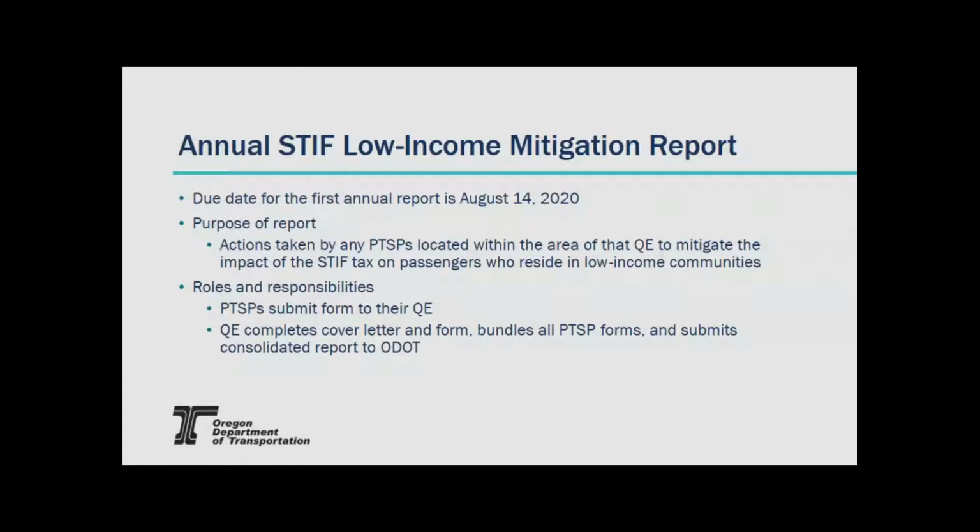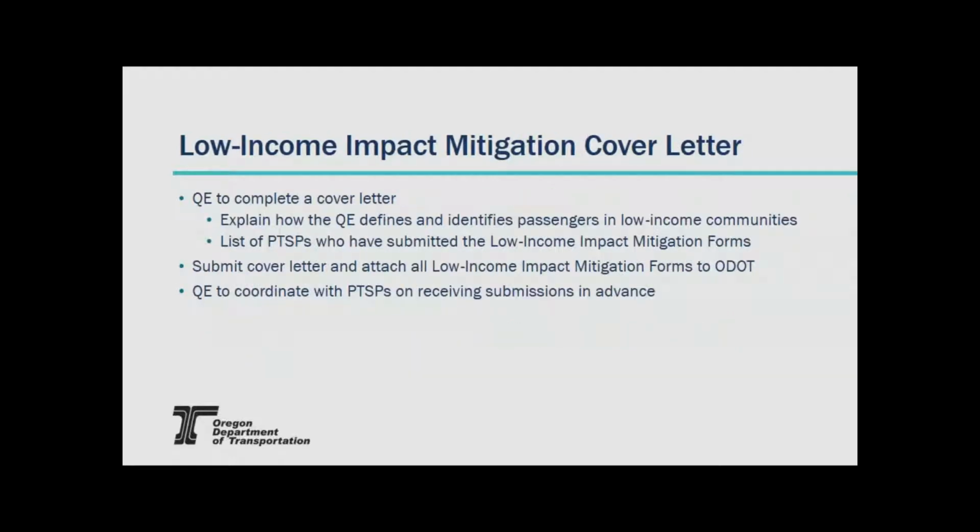And how this is going to work is that the PTSPs are going to submit that form to their QE. The QE is going to complete a cover letter and a form themselves, bundle all the PTSP forms that they received, and submit a consolidated report to ODOT, again, attaching that in that fourth quarter SPR.